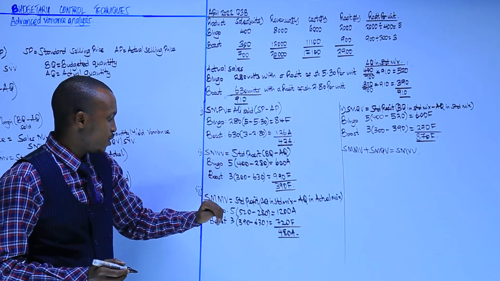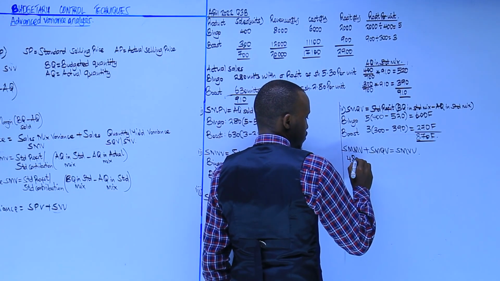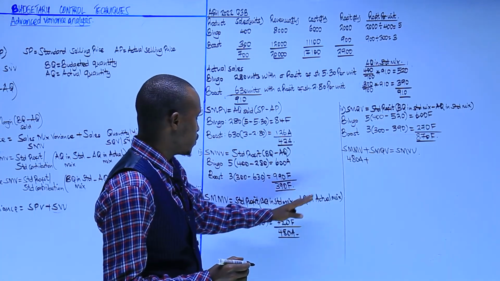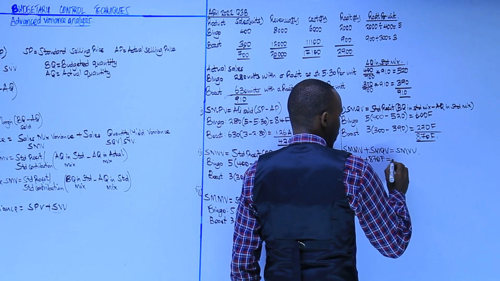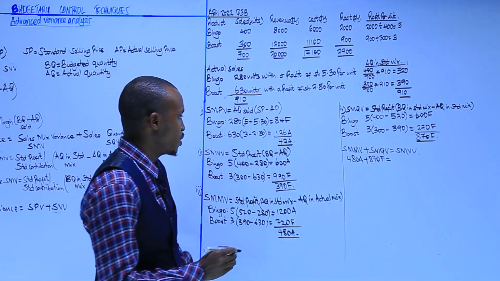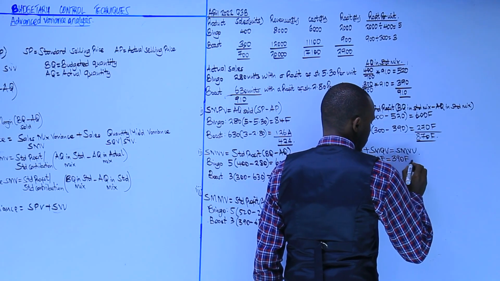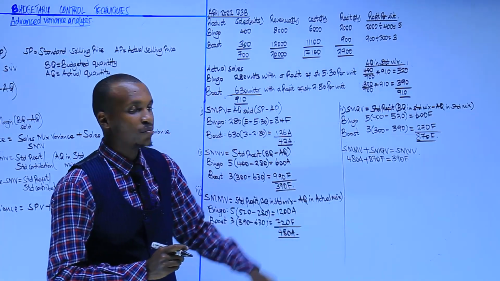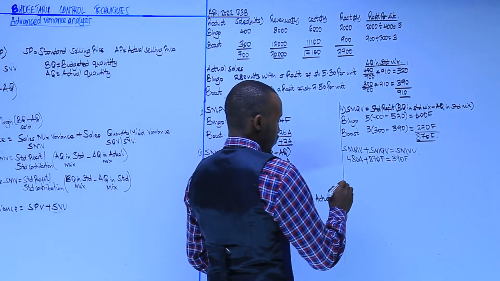Your sales margin mix variance is 480 adverse plus your sales margin quantity variance of 870 favorable will give you a volume variance of 390 favorable. Right. So those two answers should give the same. So that means we are correct. We have indeed proved that.